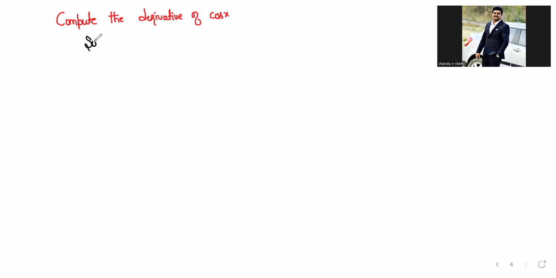Now observe, let f of x equal cos x. I am taking the first principle formula: f dash of x equals limit h tending to 0, f of x plus h minus f of x by h. By using this formula, we are solving for cos x.